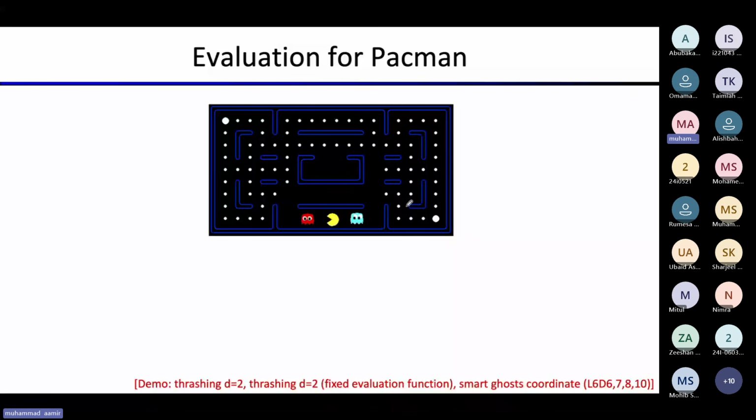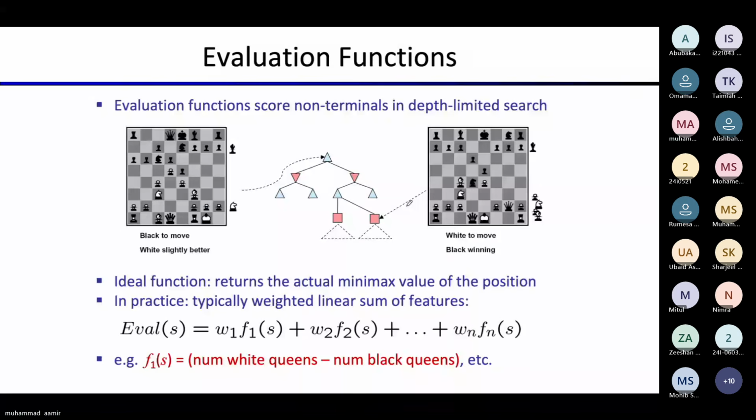Okay, these are the demos. You can see it yourself. And yes, this is the chess game. And in chess game, the evaluation function is, for example, the position of your queens, the position of your horses, the position of all other particular black queens, white queens, all scenarios.